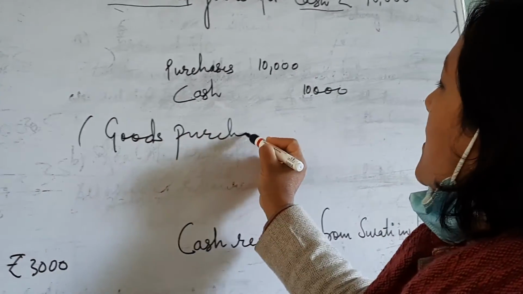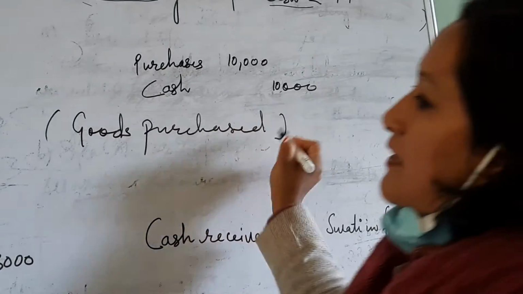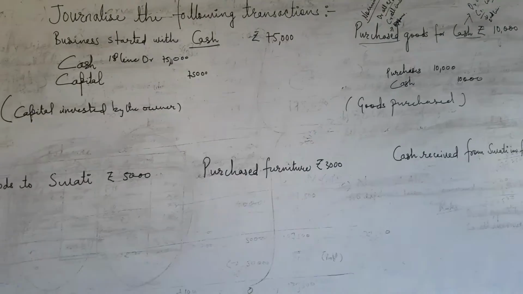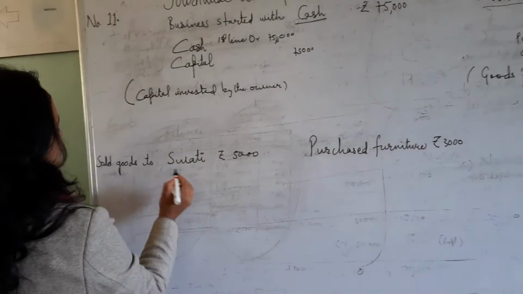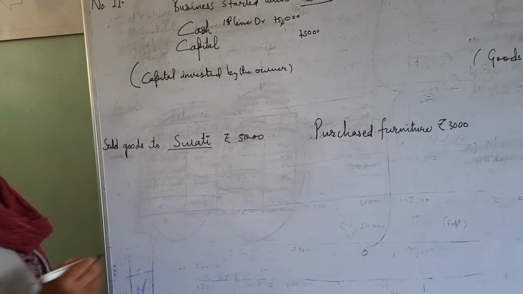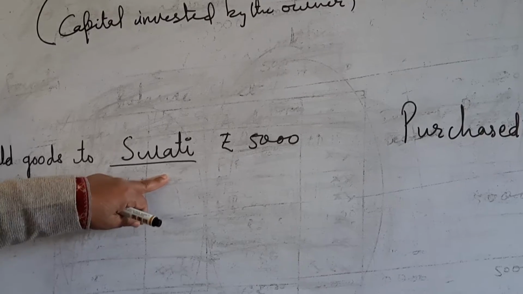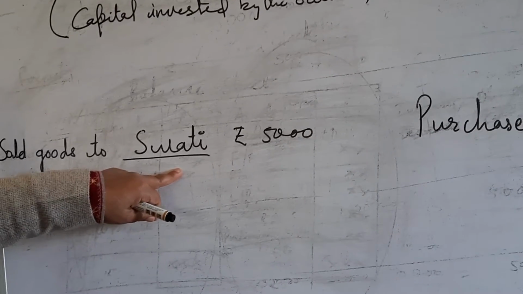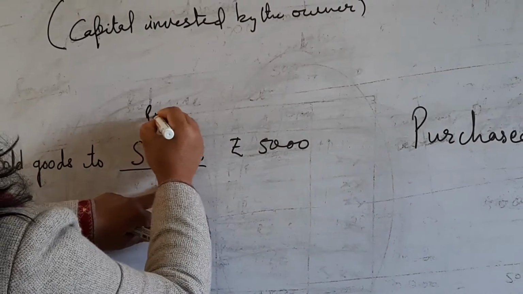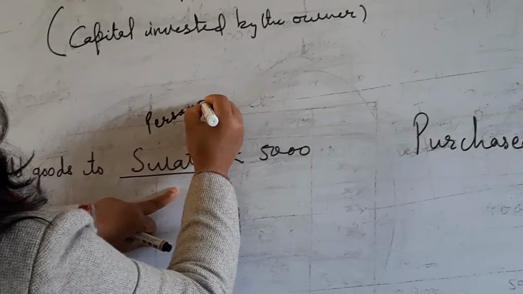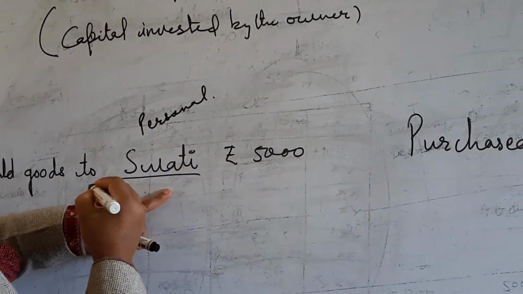Goods purchased. Understood? Now we come to the third point, that is sold. Sold goods to Swati. Here is the name of a person. So the name of a person is related to which rule? Personal, nominal or real? Personal. Very good. So what does the personal rule say?